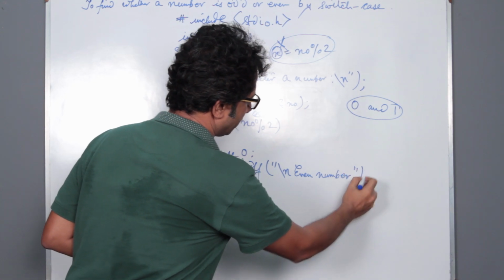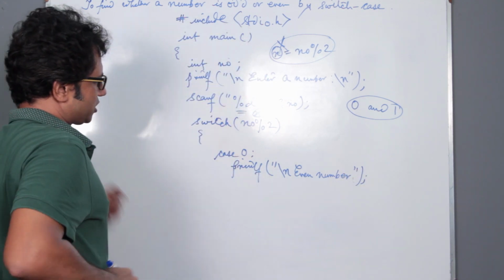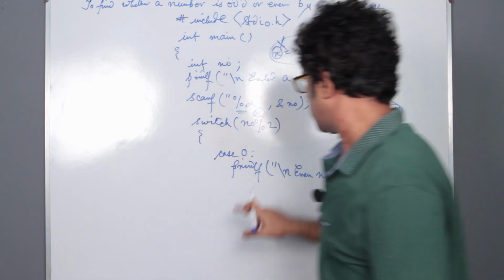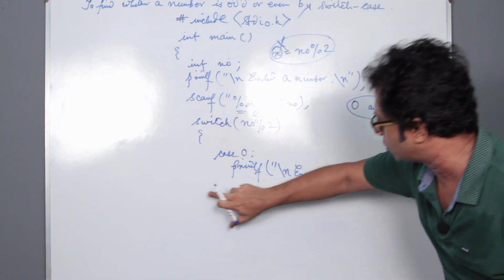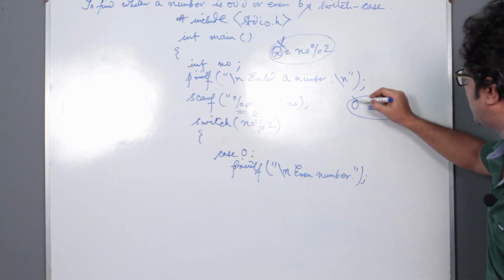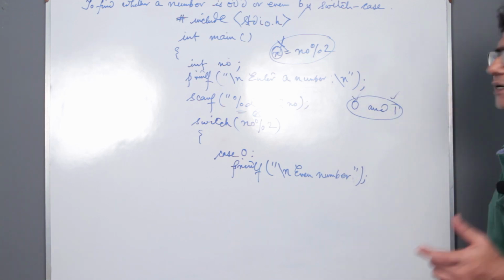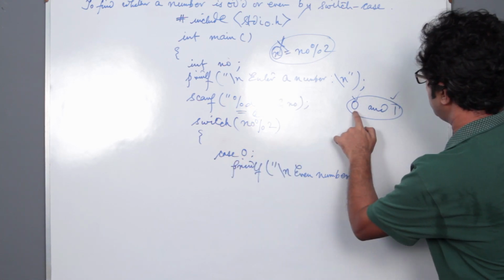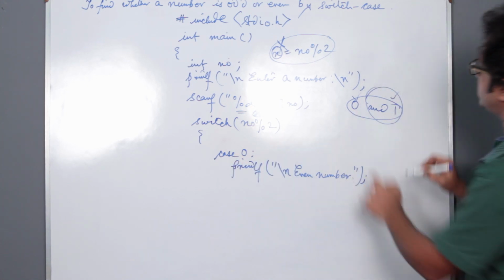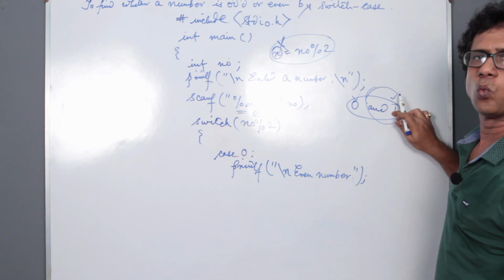And see, friends, there is no other case to be denoted by case 1 or case 2 or anything like that, because we have only two cases in our hand. So this case 0 means that we have dealt with case 0, and the only case which is remaining is case 1.